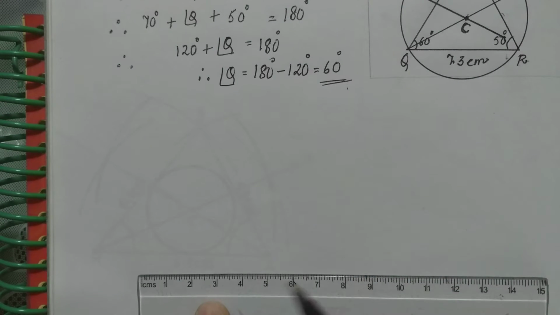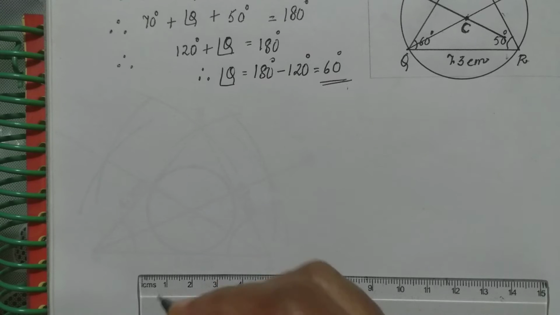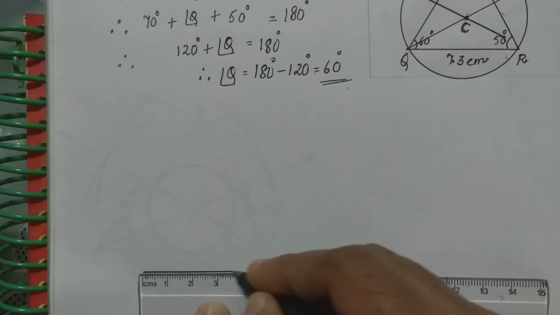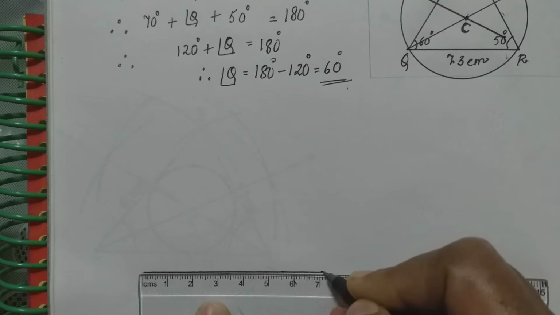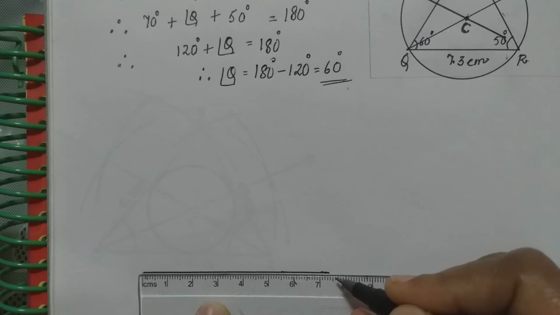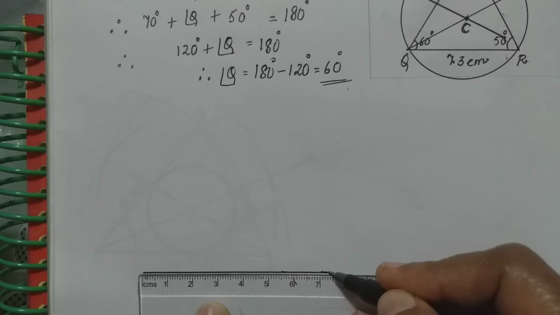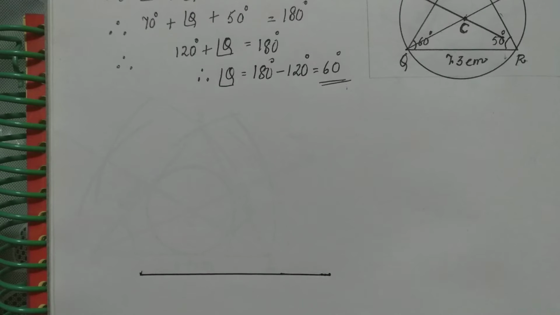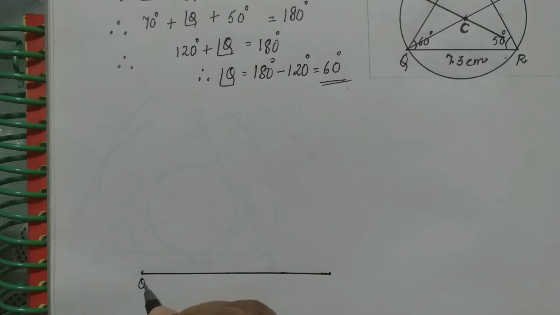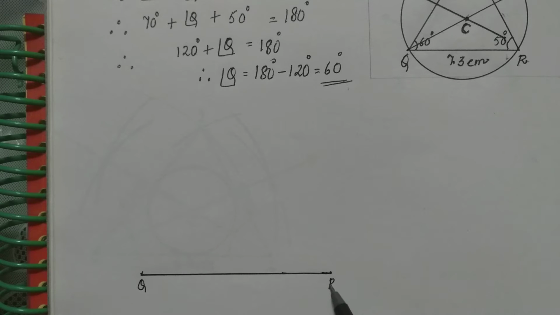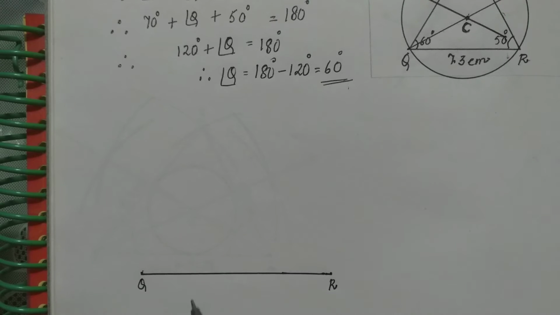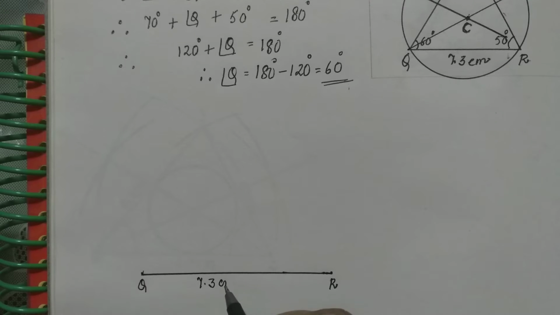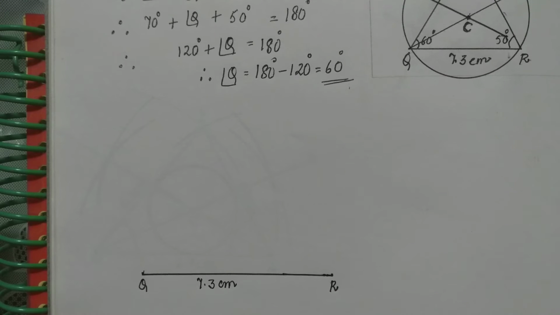So keep the scale here and take the measurement 7.3 centimeter. Right here QR, mark the vertices Q and R. Below that we will write the measurement of this side, that is 7.3 centimeter.